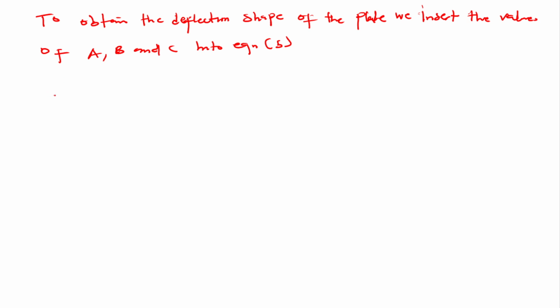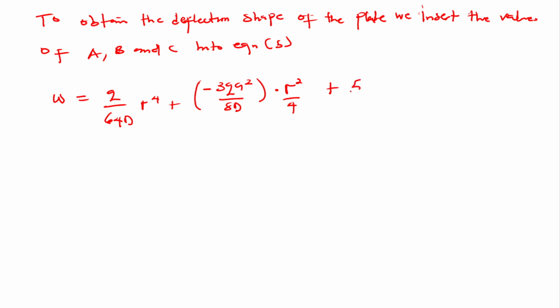So W, the deflection shape, becomes Q over 64D R raised to power 4 plus minus 3QA square over 8D, the R square over 4, plus 5QA raised to power 4 over 64D.